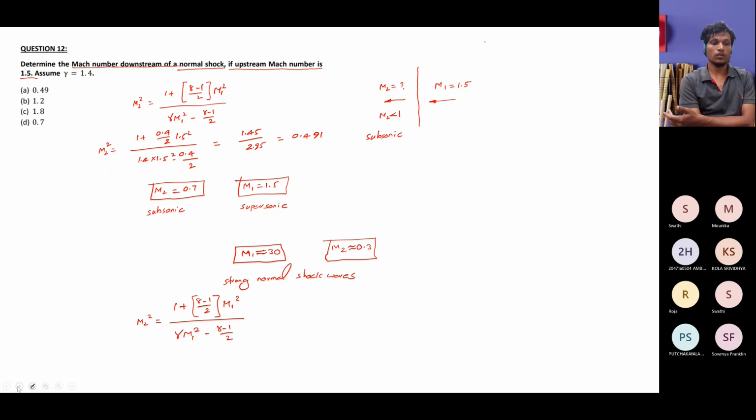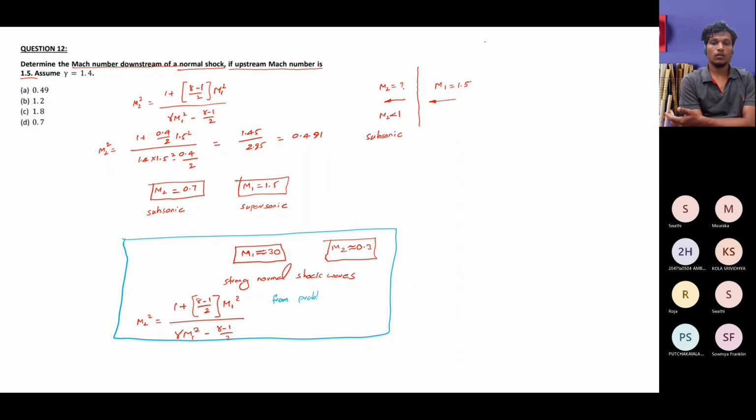Let me mark it with some other color. Just write which problem it is from. It is from problem 10.